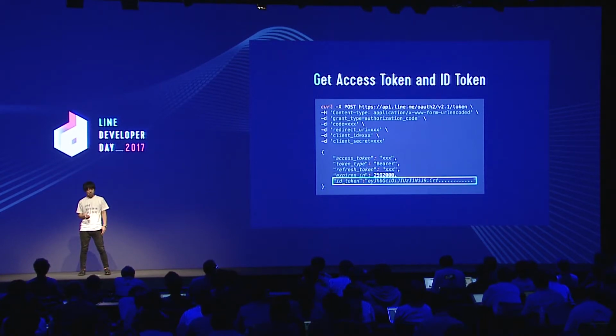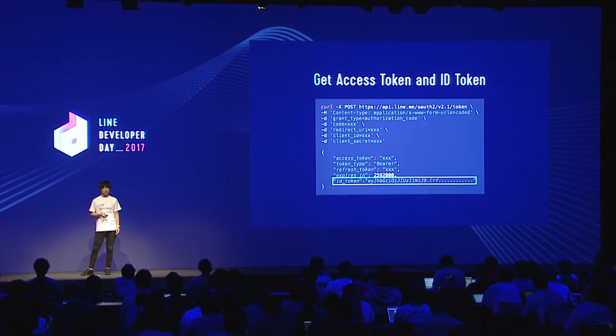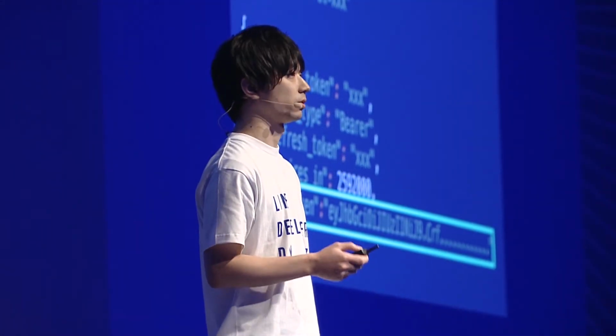It's called the token endpoint, api.line.me/oauth2/v2.1/token. You can use the POST method and send parameters. By doing so, JSON comes back as the response, and inside there's the access token. And if you use OpenID Connect, as you can see from this bracket, the ID token is being added as well. By doing so, you can capture the ID token.